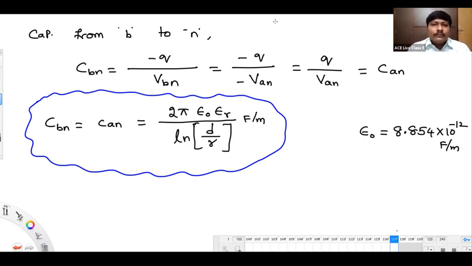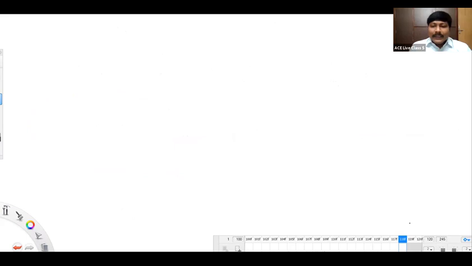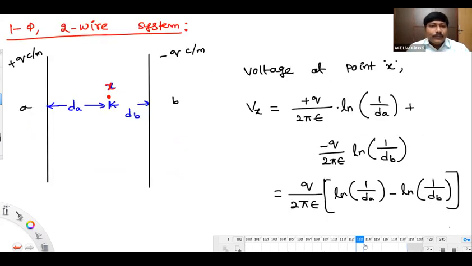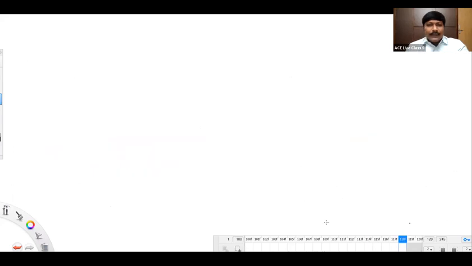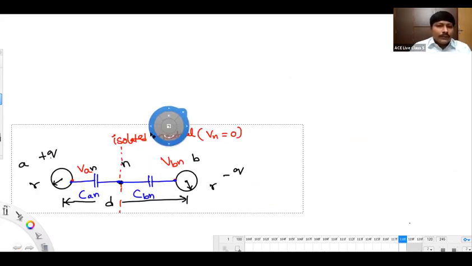So next, let me take up the capacitance between the two conductors. I'll repeat the same diagram here. Just see the modifications I am making.